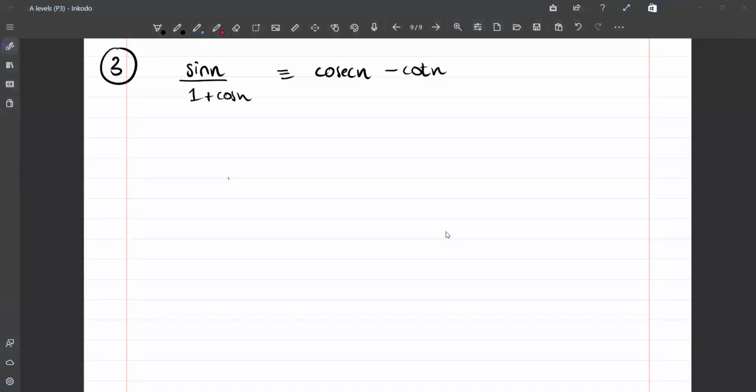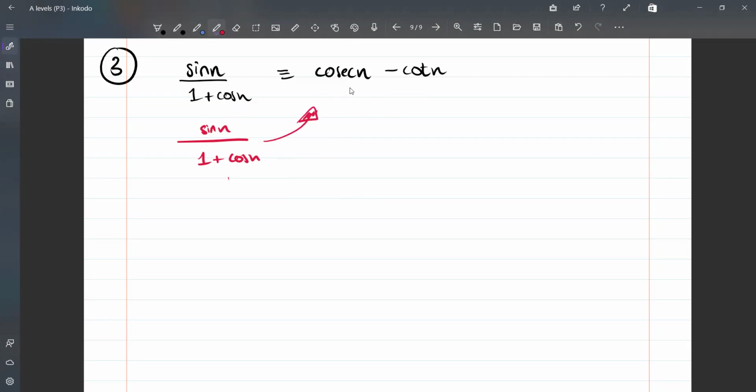So we have this other question with us. Let's start. Now notice that this, sine x upon 1 plus cos x, is already in its simplest form. And we need to get it into this form. We have to prove this basically.